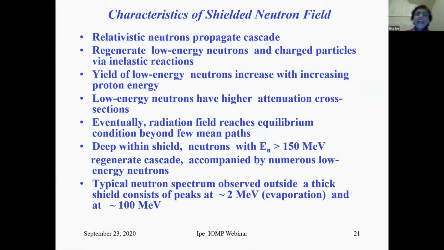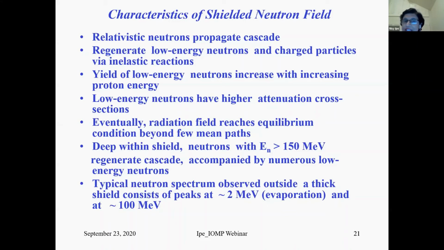So what are the characteristics of a shielded neutron field? Well, the relativistic neutrons will continuously propagate the cascade, and they will regenerate low energy neutrons and charged particles in the shield at all depths via inelastic reaction. And the yield of the low energy neutrons will increase with increasing proton energy, but these low energy neutrons have much higher cross sections.